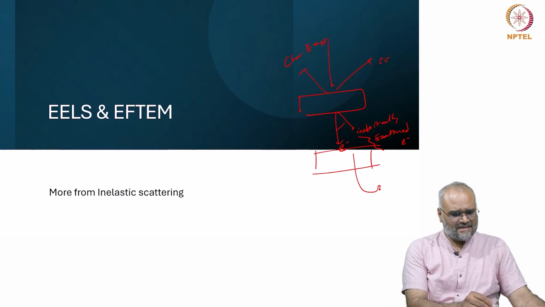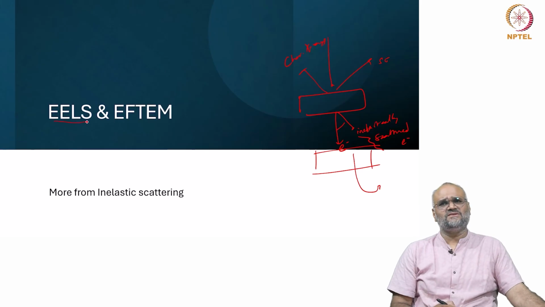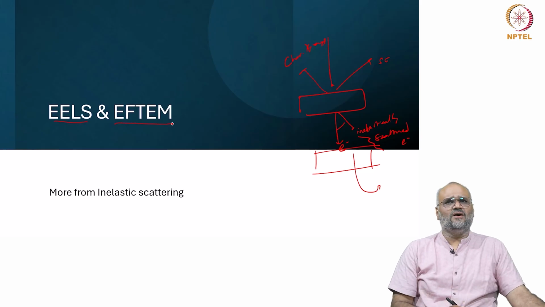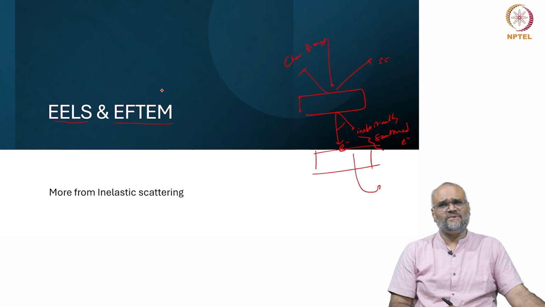Electron energy loss spectroscopy, as you can see here, is primarily a spectral tool, and energy filter TEM, which is also called electron spectrum imaging when combined with STEM mode, is a sort of imaging tool.